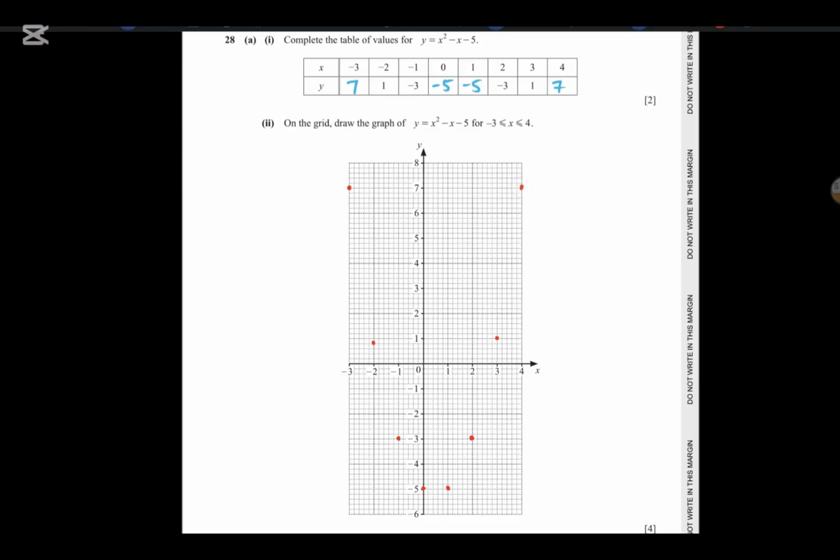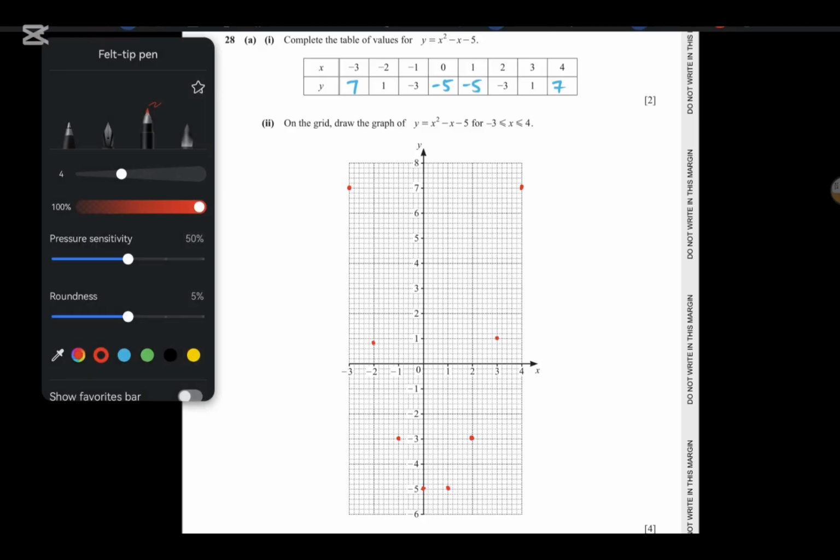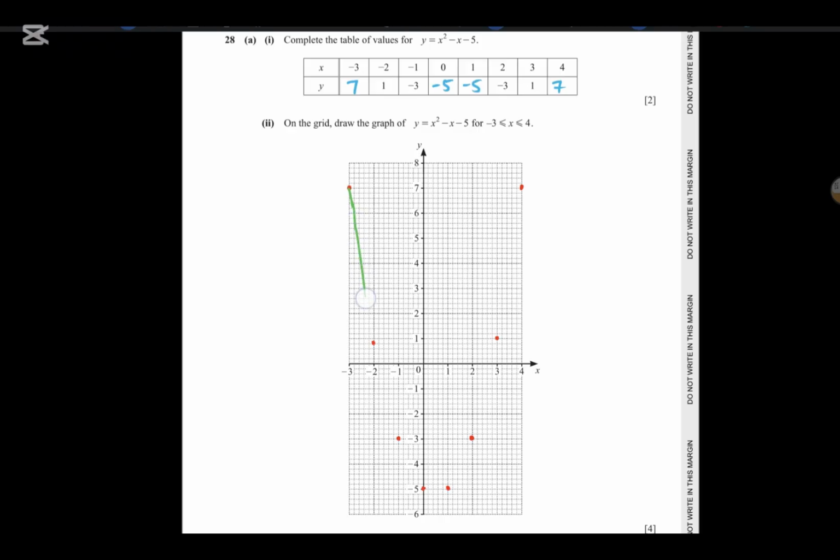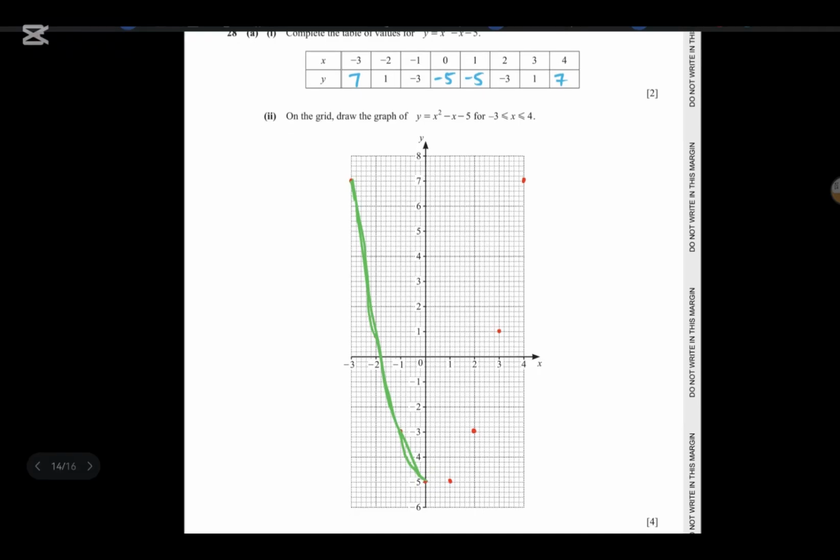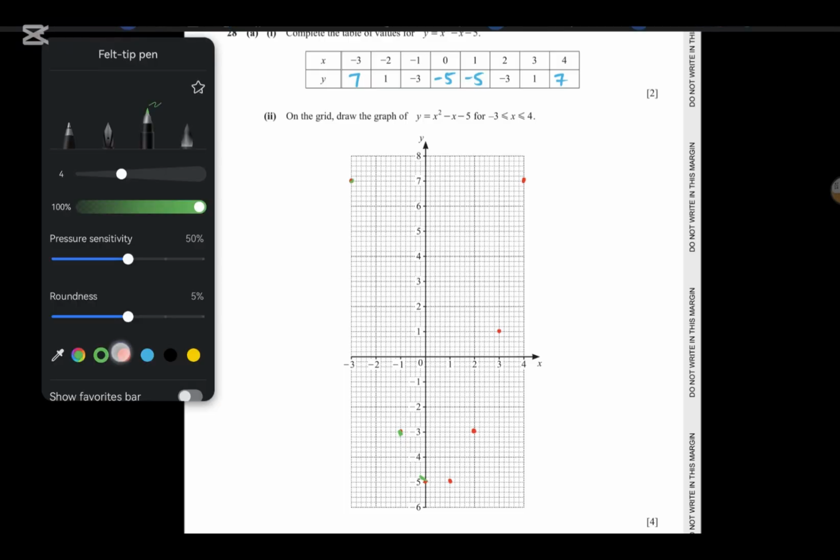Okay, so this is the point marked here. We'll draw the graph. Minus 2, 1.